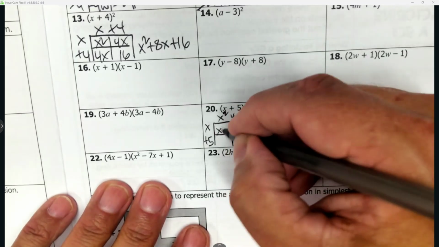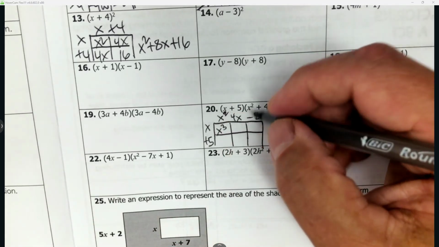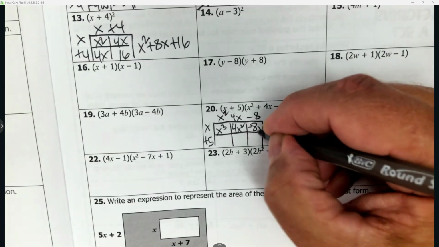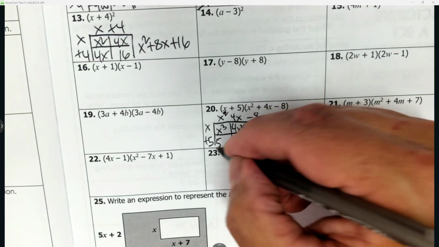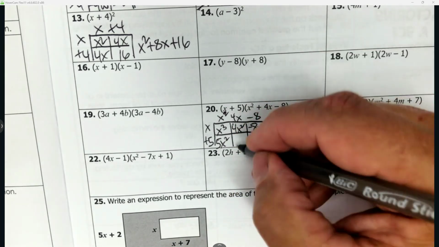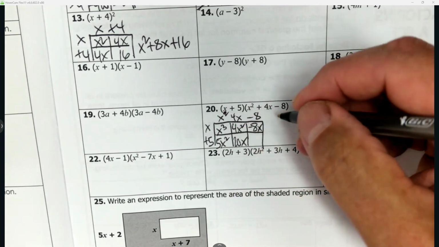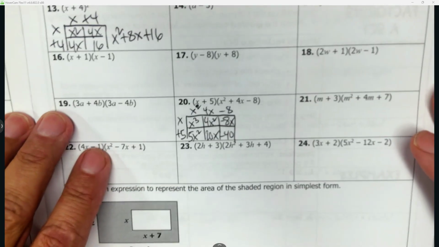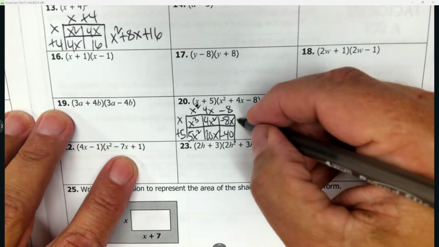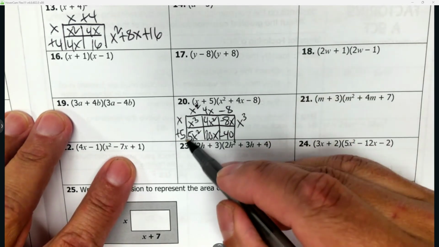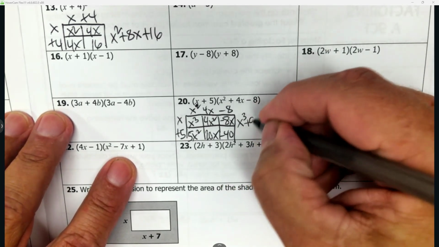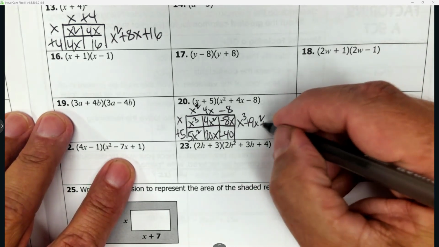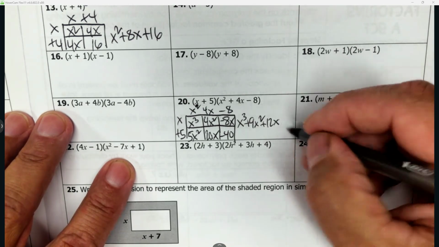Then we're going to multiply it out. So we multiplied it out. We have 1x cubed. 5 plus 4 is 9. 20 subtract 8 is 12. And then minus 40.